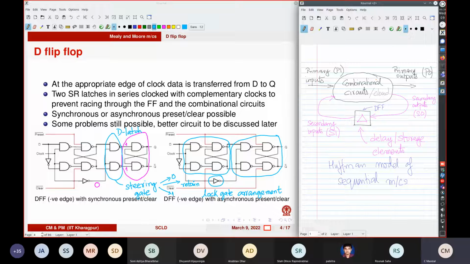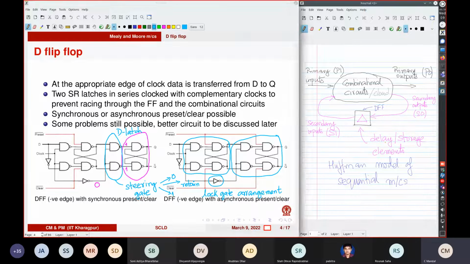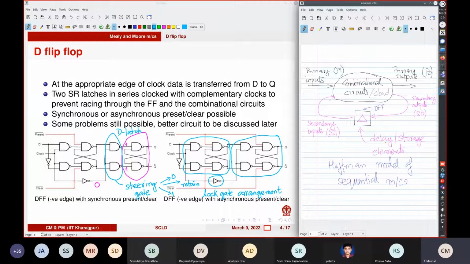But here you don't want data to pass through straight, because you can have oscillations. That's why the storage element has a log gate arrangement as shown over here, so that the passage of data is controlled, and it is controlled by means of this clock.